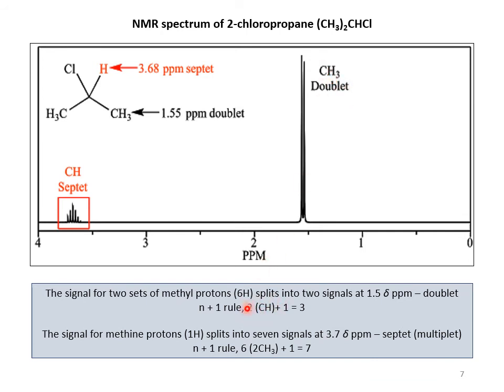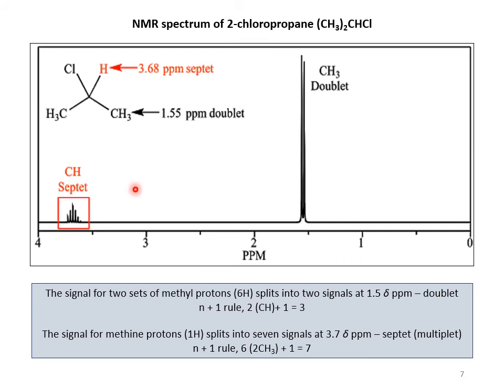Sorry, kindly correct it. It should be 1 plus 1, because there is only one hydrogen on the adjacent carbon atom. The adjacent carbon atom for these two methyl groups is this methine carbon, which has one hydrogen. Therefore 1 plus 1 is equal to 2. So it splits into a doublet.